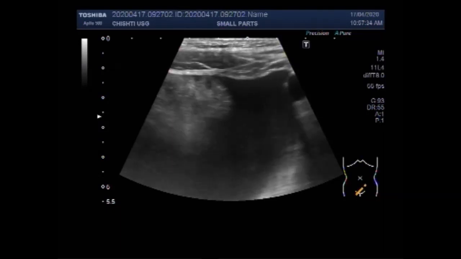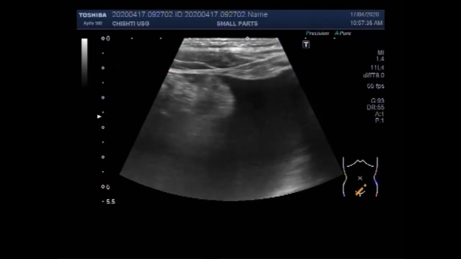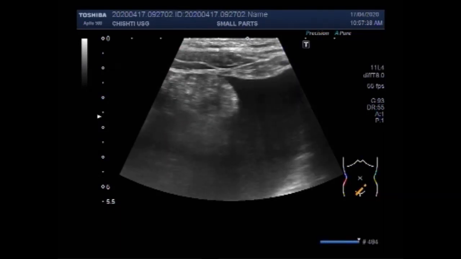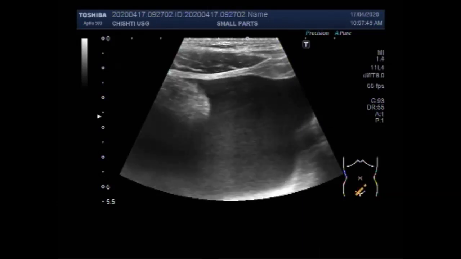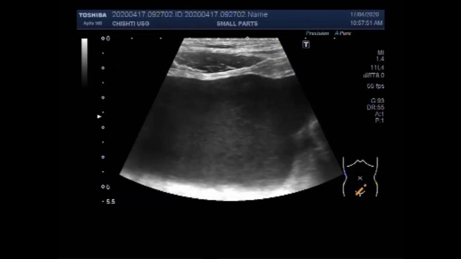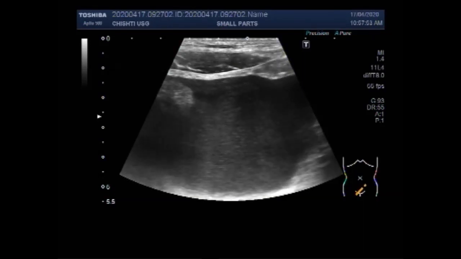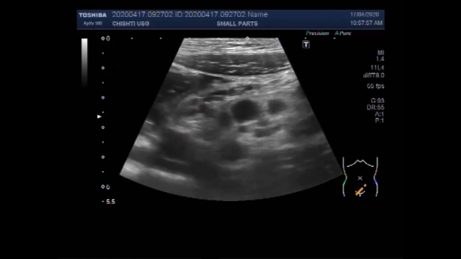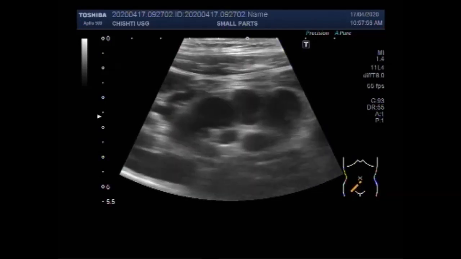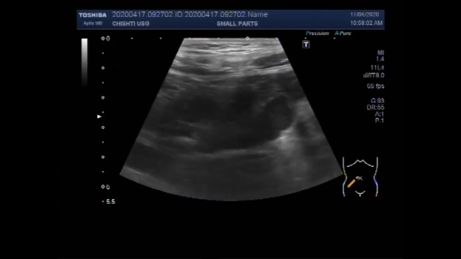Now you are going to see the scanning with the high power probe. This is the free fluid and these are the gut loops. Now you can see the fluid seen in the lower abdomen.